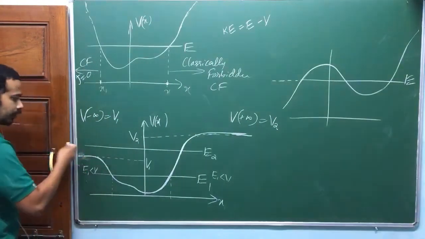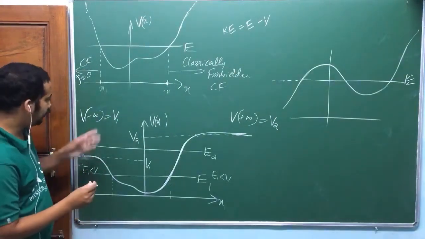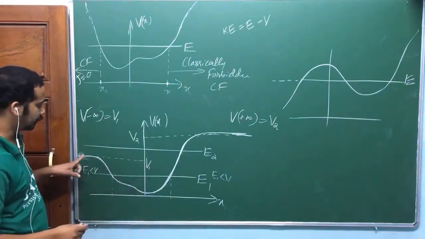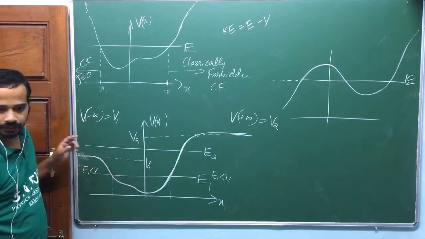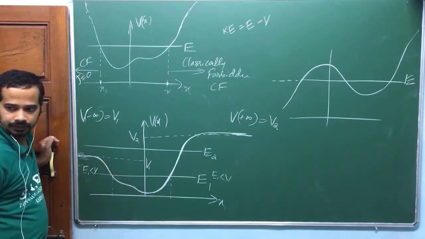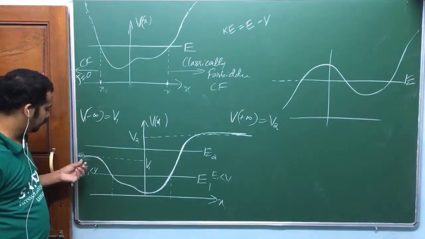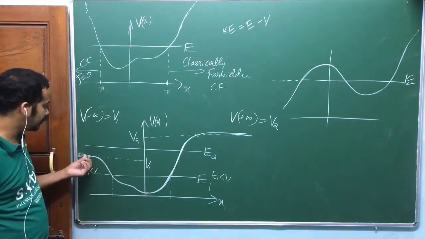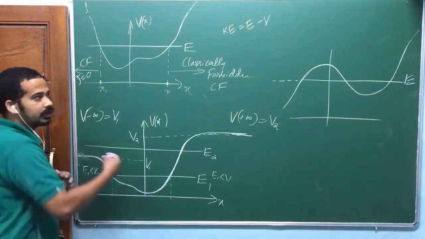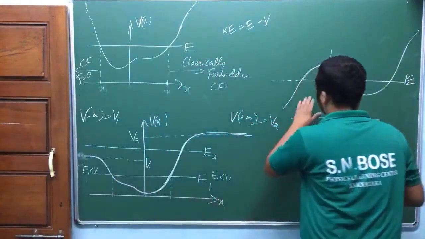But our potential in this situation is approaching a constant value. If you go to minus infinity, it will be the value V1. Our potential has the value V1. It is not decreasing. After some point, it's not decreasing, just like here.